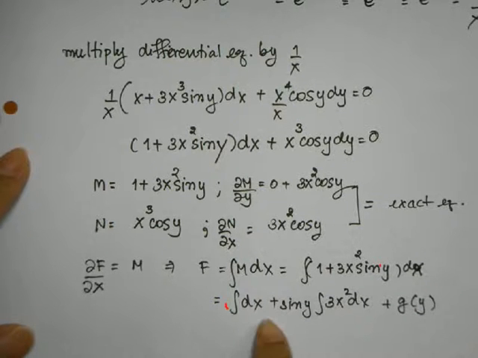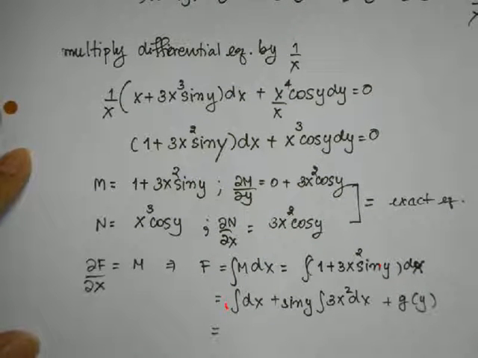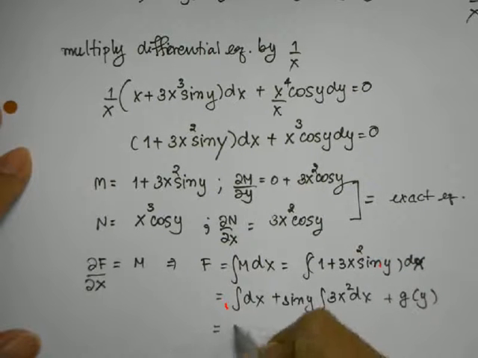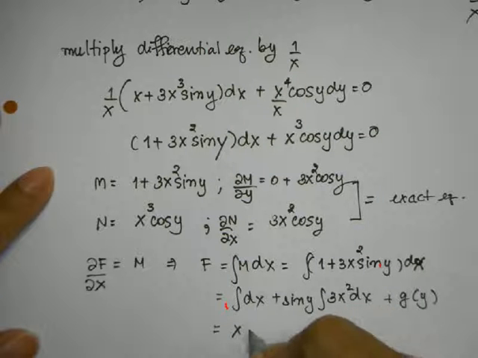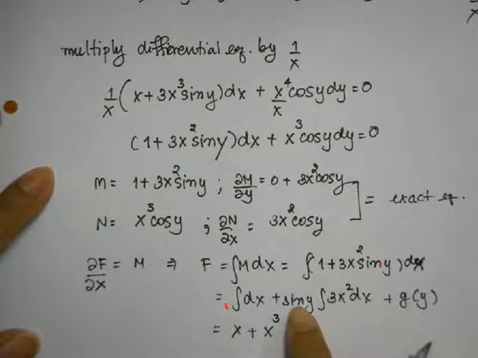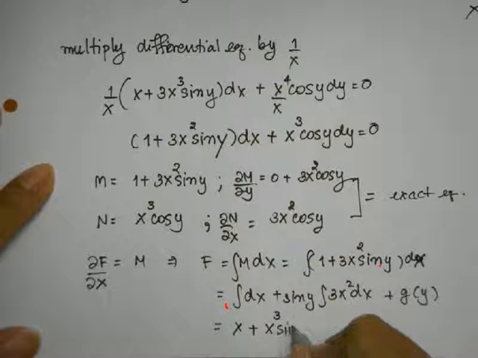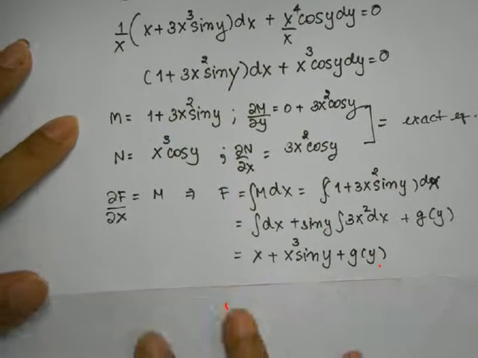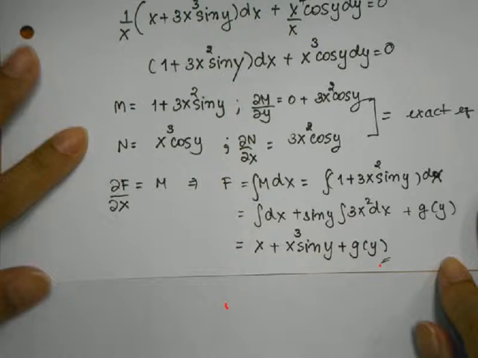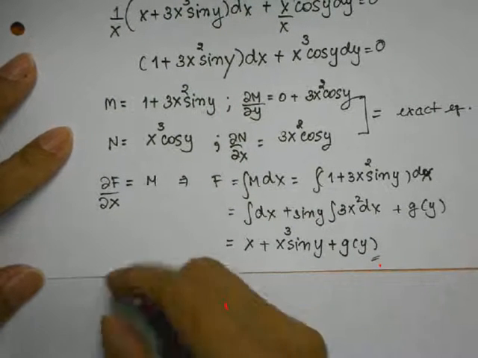Integral dx equals x, right? Integral 3x squared dx equals x to the power 3, and then times sine y. Again, because we don't know what g(y) is, we need to find g(y). We find it from N.